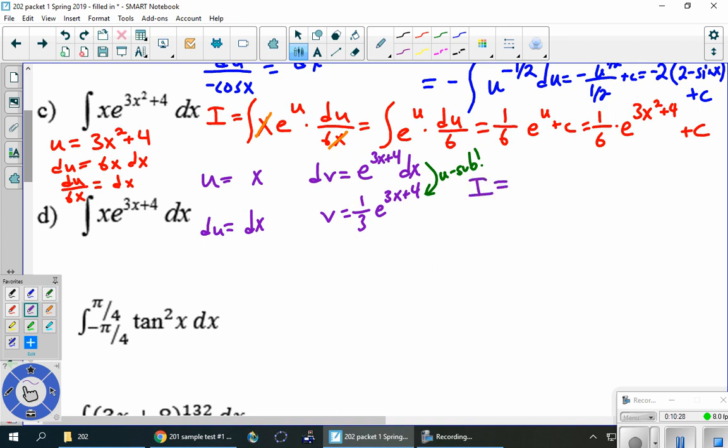Original integral equals, so remember it's u times v, that diagonal, x times 1/3 e to the 3x plus 4, minus, always minus, integral of v times du. So that's the bottom row multiplied. So 1/3 e to the 3x plus 4 times du, that's just dx. Okay, equals, I'll just write the 1/3 first here.